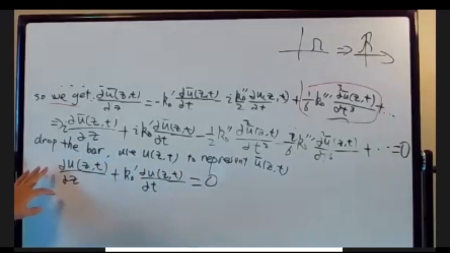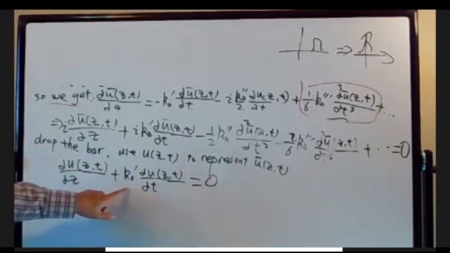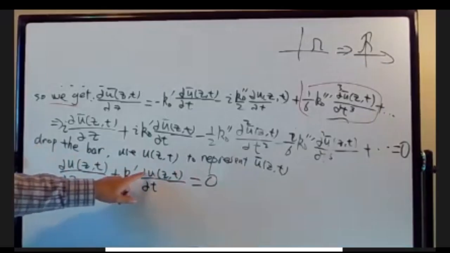Does this equation sound familiar to any of you? So du/dz is k naught du/dt.